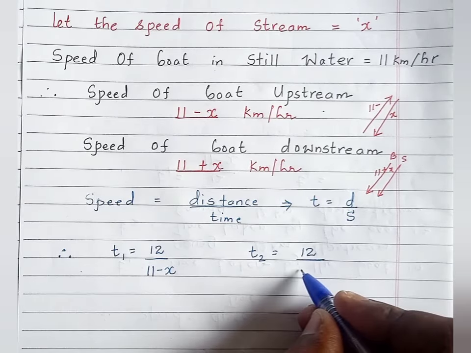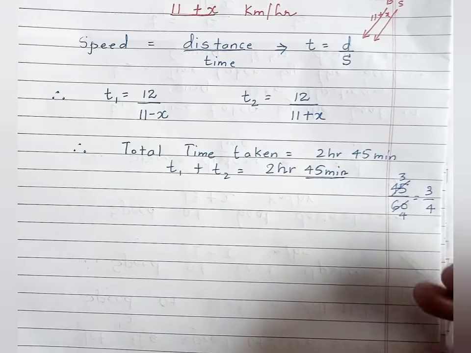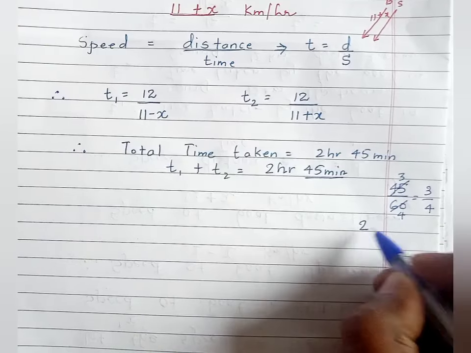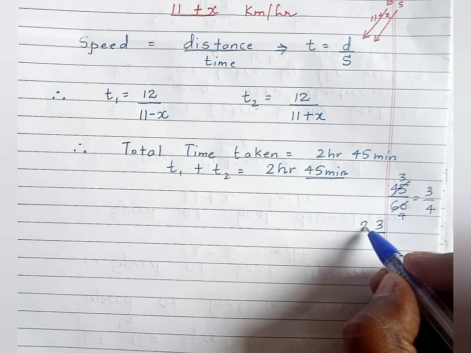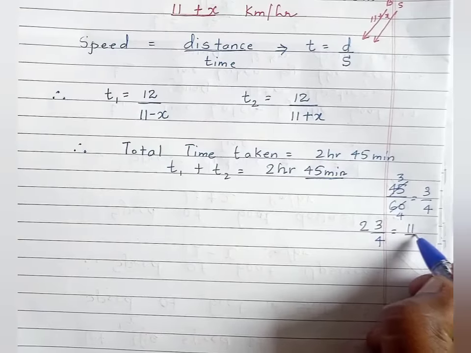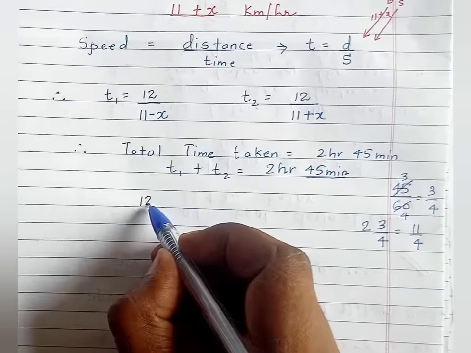I'll convert these minutes into hours. 1 hour equals 60 minutes. So 45 divided by 60, it is 3 by 4. Now 2 and 3 by 4 hours, convert this mixed fraction to an improper fraction.